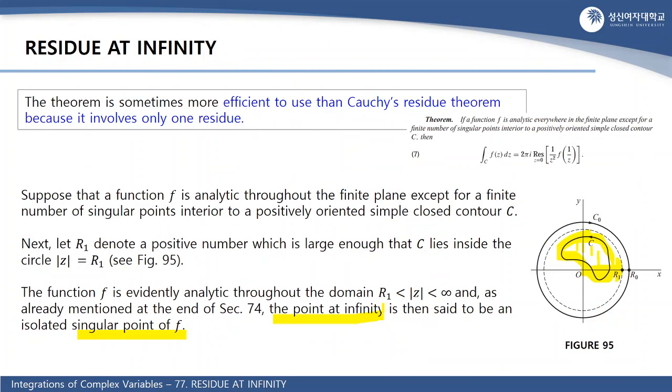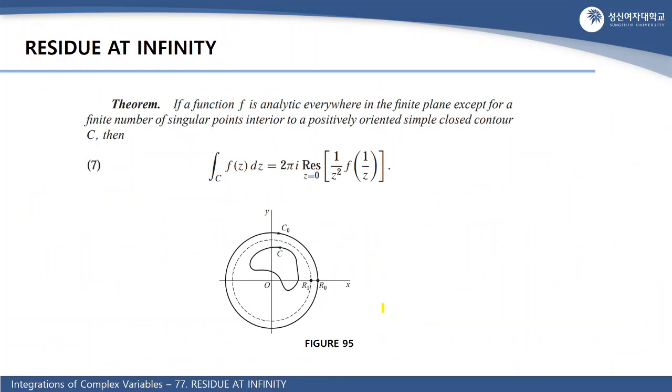However, with the point at infinity, we look at a useful theorem here. The theorem says if a function f is analytic everywhere in the finite plane except for a finite number of singular points interior to a positively oriented simple closed contour C, then we have this.